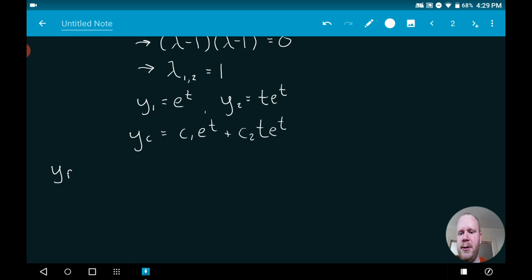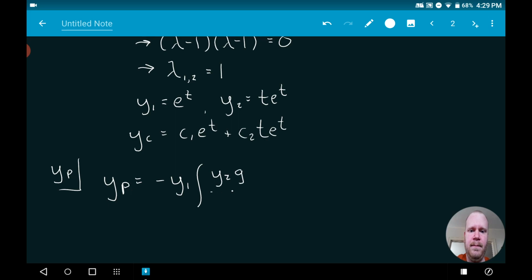Our particular solution is going to look like this. So I'll go ahead and write the formula, or I'll write the abridged version of that formula. I think I wrote a T there.